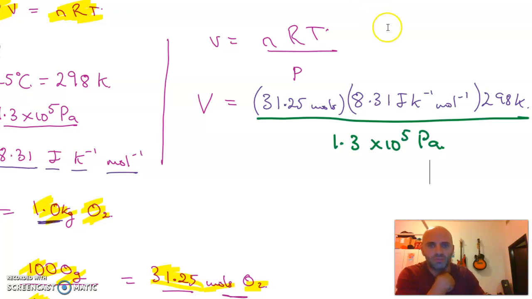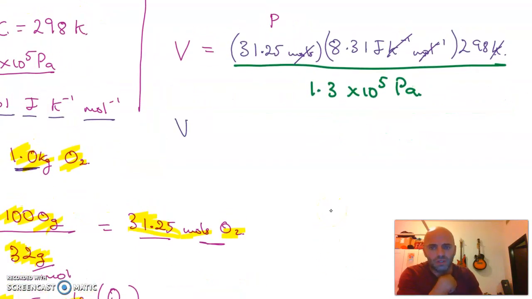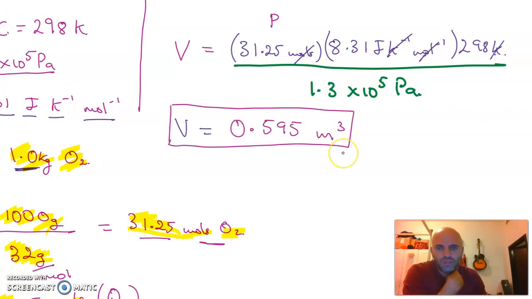That should give me a volume in meters cubed. So moles cancel with moles, Kelvin cancels with Kelvin, and I'll show you where that comes from in a second. The answer I'm getting is 0.595 meters cubed, which is a considerable volume really.